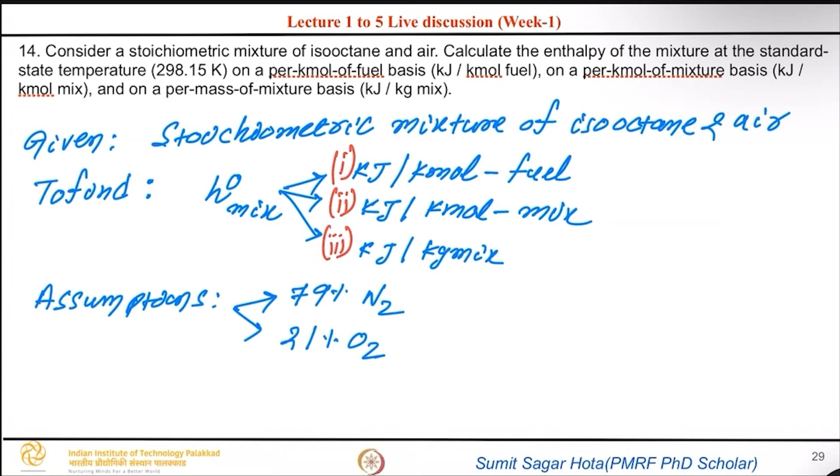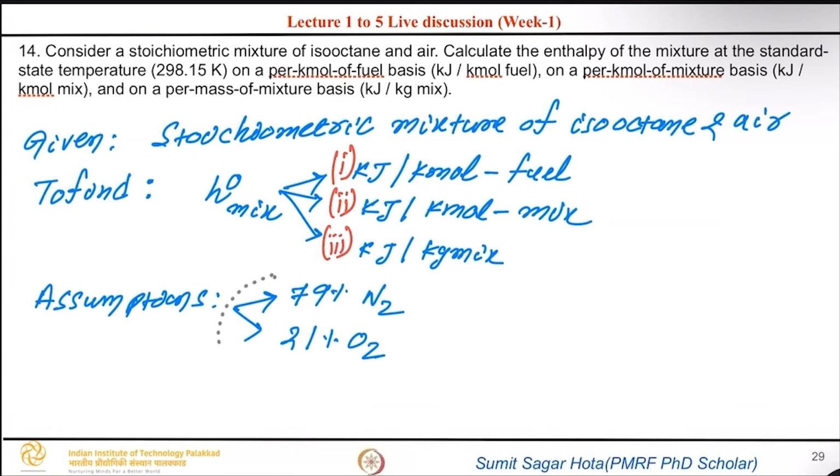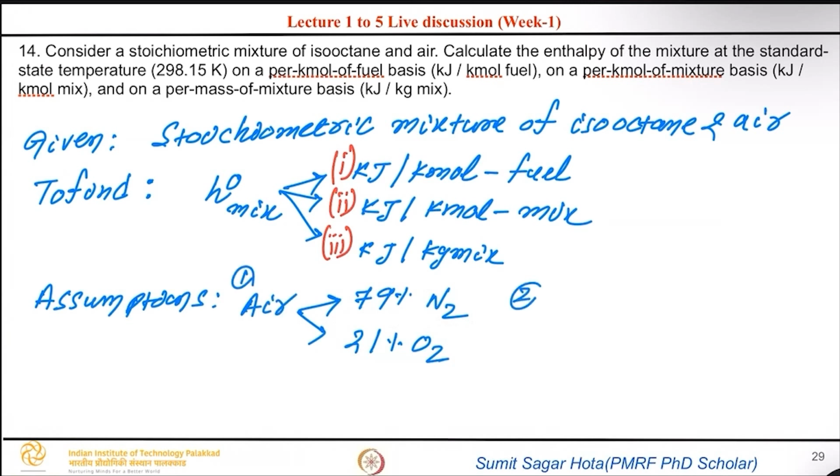This is the first. Just a second. I forgot to put the air. Now, this is the first, second, ideal gas equation.